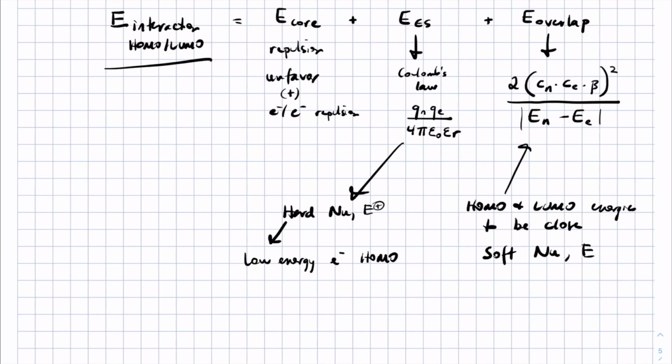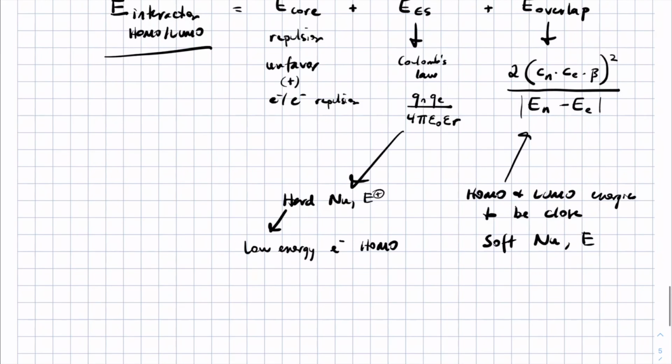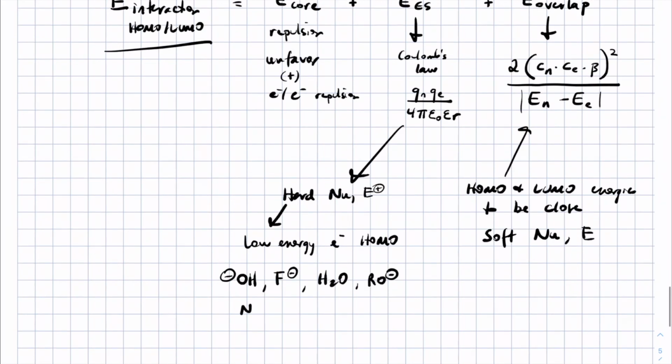So this would be like lone pairs on oxygen. Examples of hard nucleophiles include hydroxide, fluoride, actually water as well, and there are others listed in your book. Alkoxides. It turns out that some amines actually count as hard nucleophiles. The hard electrophiles that are listed are all sort of ions or aluminum or boron derivatives, so I'm not going to write them down at this point.